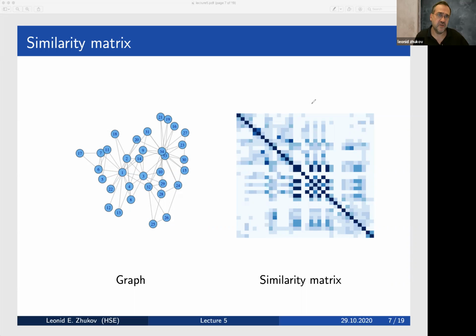When you try to interpret it, the idea is that similar nodes can perform similar duties. In a social network, similar nodes mean those two people have pretty much the same friends, and in that sense they're interchangeable. If you look at the structure of a company, these people are equivalent or very similar.